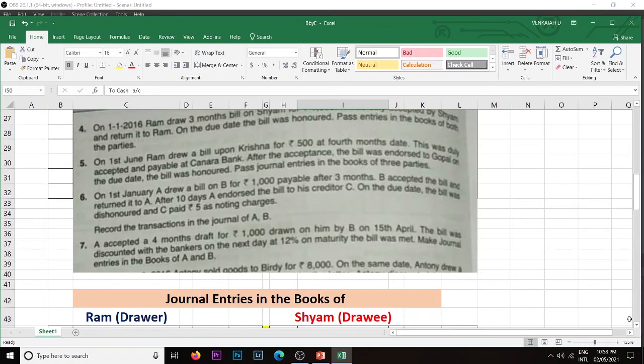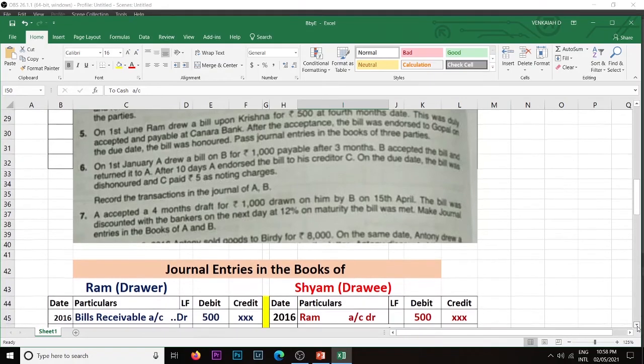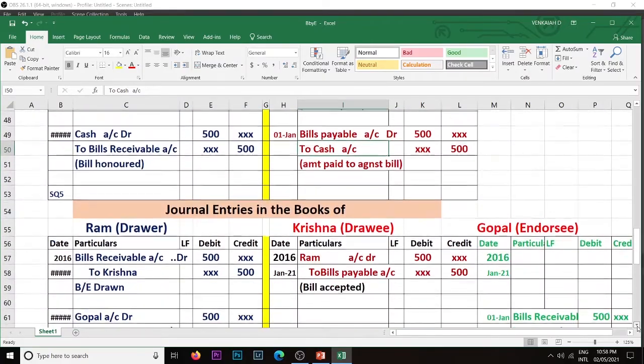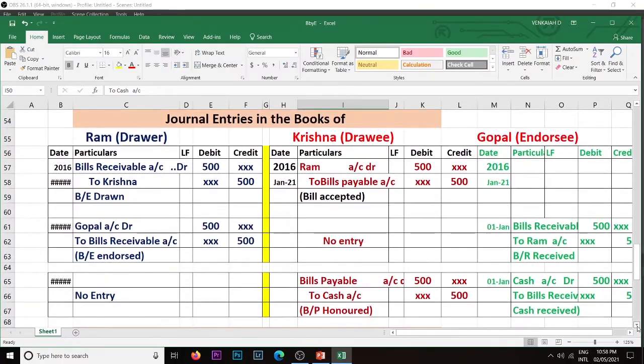Look at the journal entries with one more party. 3 parties are there. Now journal entries in the books of Ram, the drawer, Krishna, the drawee or acceptor, and Gopal, the endorsee. First, the transactions are between Ram and Krishna. Krishna accepted the bill.